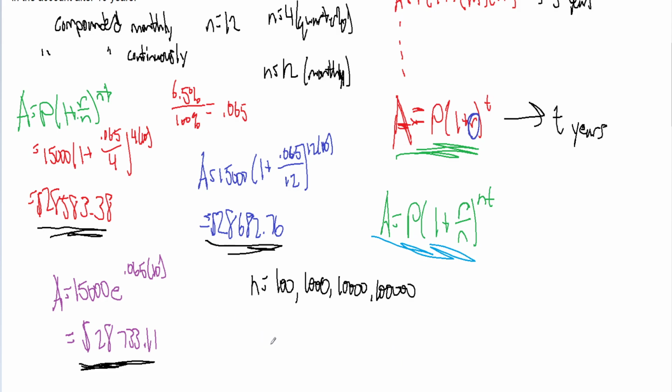Obviously, if we keep increasing n, so if n were to equal something like 10 billion, then it would probably begin to approach or even surpass this number, but there's no way you're going to be compounding your money 10 billion times.